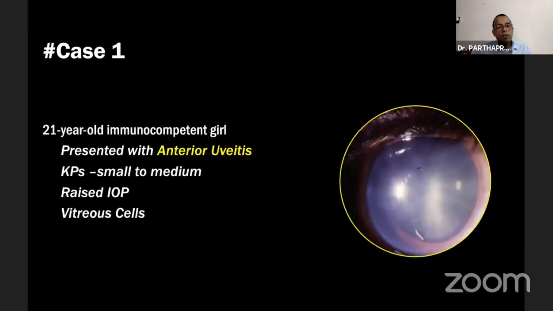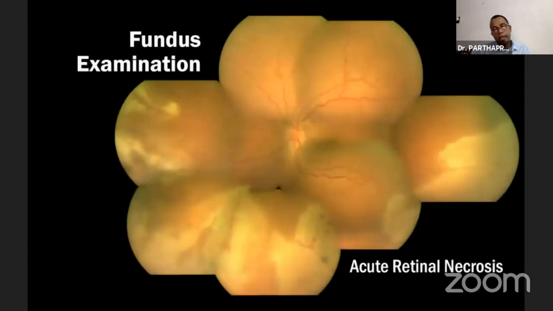This is a case of a 21-year-old immunocompetent girl presented with anterior uveitis, and you can see there were small to medium-sized KPs, and she had raised IOP, and there were some vitreous cells. So when we dilated and examined her, this was the case.